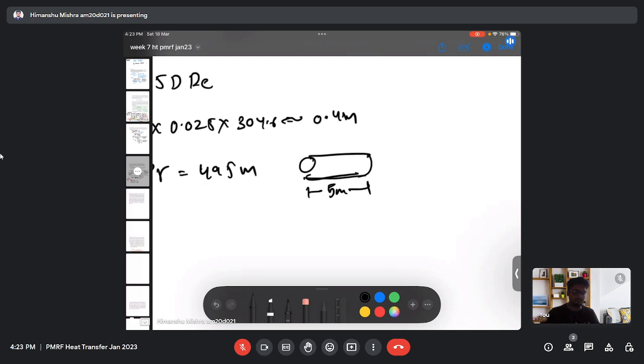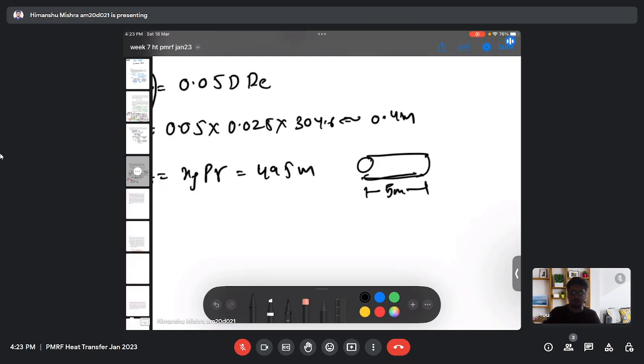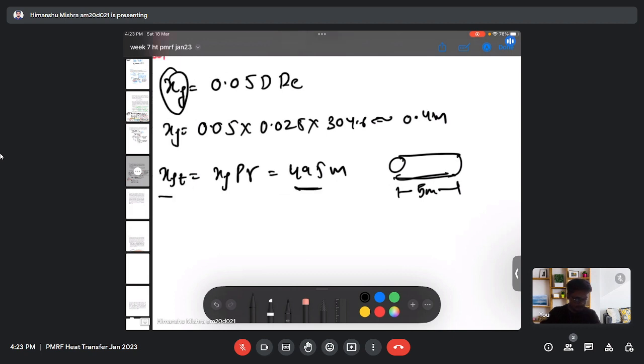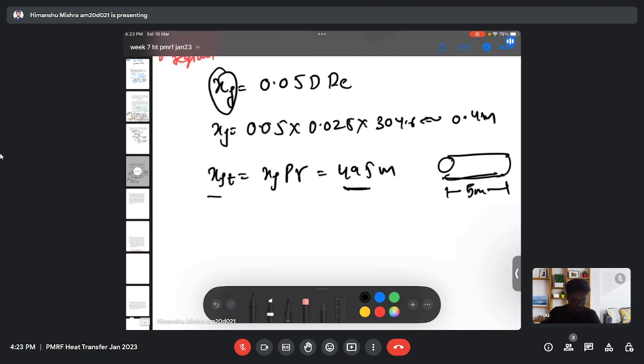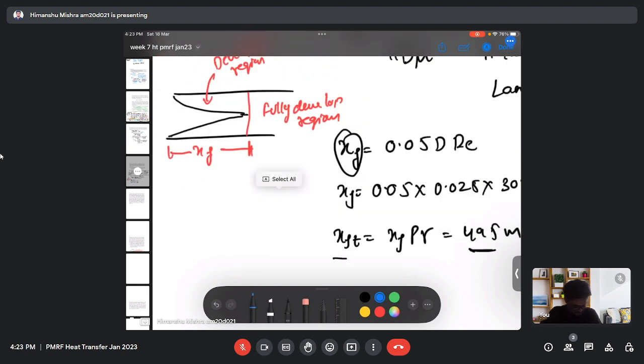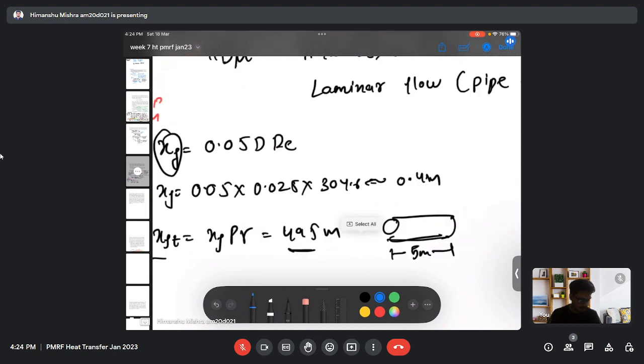Now in the entire pipe, my thermal boundary layer is not developed, and it is because my thermal boundary layer is only developed after 495 meters. So let's say this is my thermal boundary layer, and this distance is xft. So my thermal boundary layer will be developed after 495 meters, but my pipe length is very less than 495 meters. That means within the pipe, my thermal boundary layer will never develop. It will always be in a developing region.